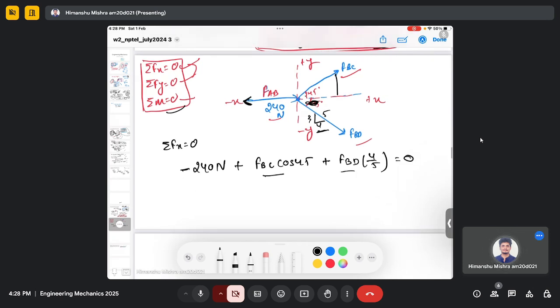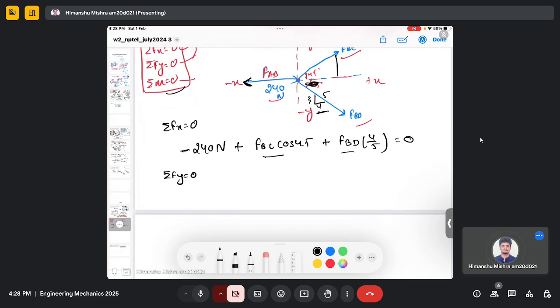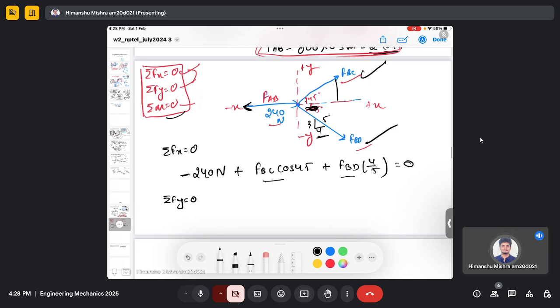So 2 unknowns, so we need another equation, so this will be summation of force equals 0 in the vertical direction. And here we need to consider only these two forces, so we have FBC sine 45 in the positive, and this should be in the negative y, so this will be minus FBD, and from this triangle we can have 3 by 5 equals to 0.